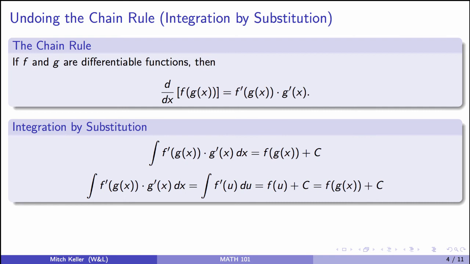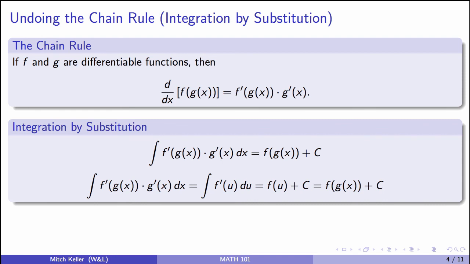We can make a very direct translation of that statement, as we did on the previous slide, into a statement about indefinite integrals by integrating both sides, recognizing that in the context of indefinite integrals, the integral sign and the d dx will negate each other or have opposite effects, at the expense of adding this constant that disappeared when we took the derivative.